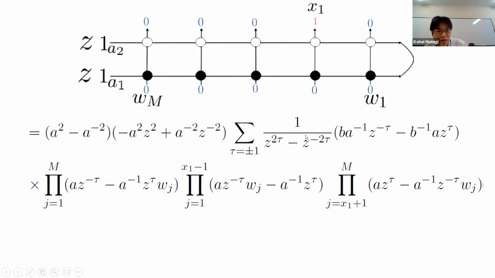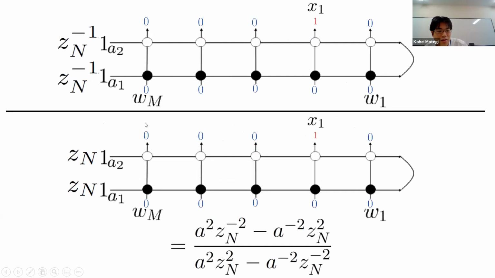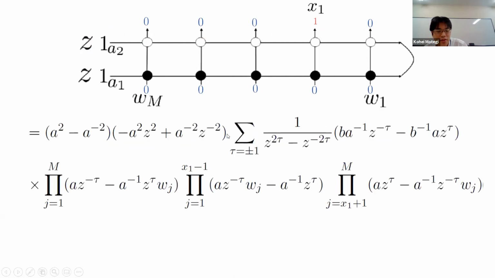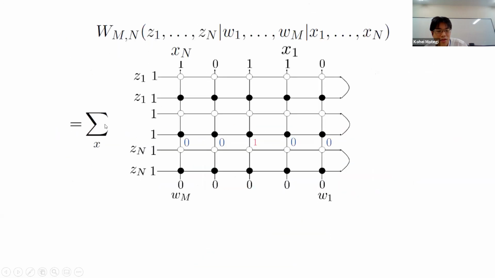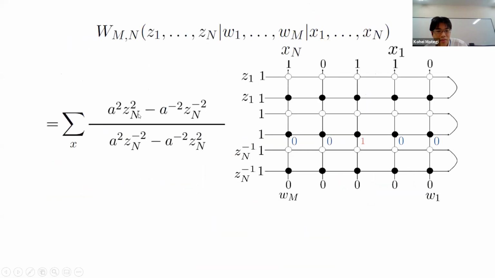And from this expression, you can easily see that the ratio of this partition function and this partition function can be written like this from this very explicit expression. And so then you can rewrite this one like this, and then this ratio doesn't depend on small x.